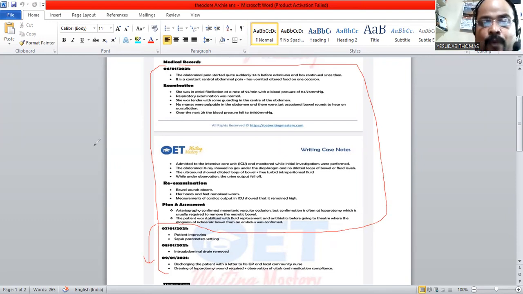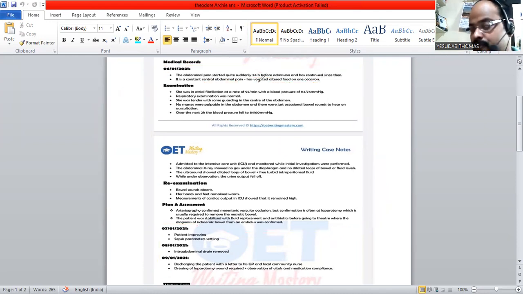The first thing, when she got admitted, she had abdominal pain, and it started 24 hours before the admission. The local community nurse knows that she had abdominal pain 24 hours before the admission. At the time of admission, she had central abdominal pain and vomited altered food on one occasion. This is something good. Many students just write vomited once.